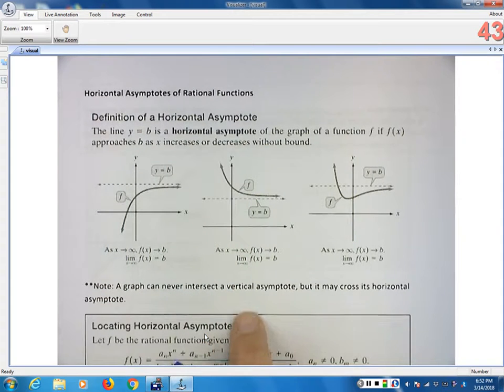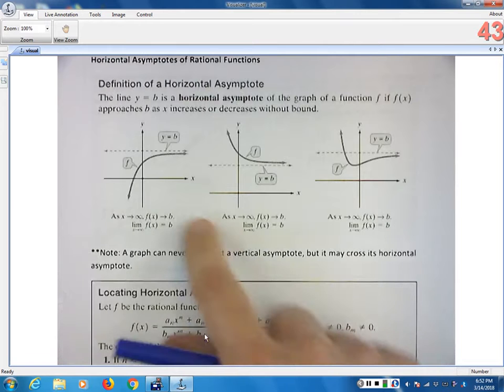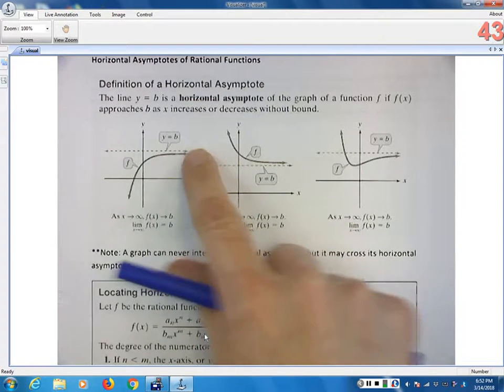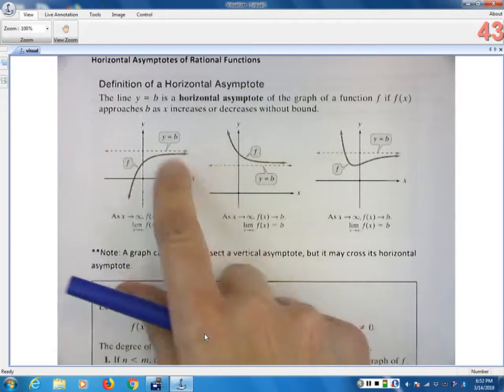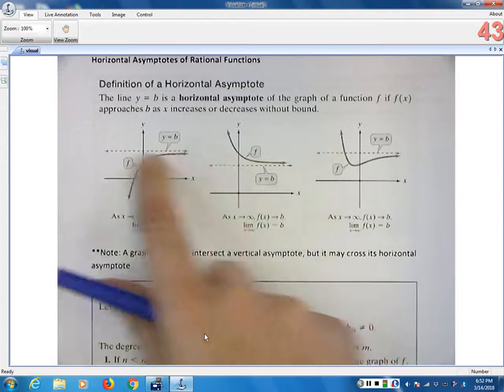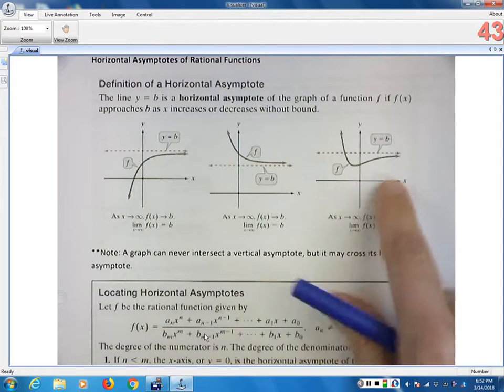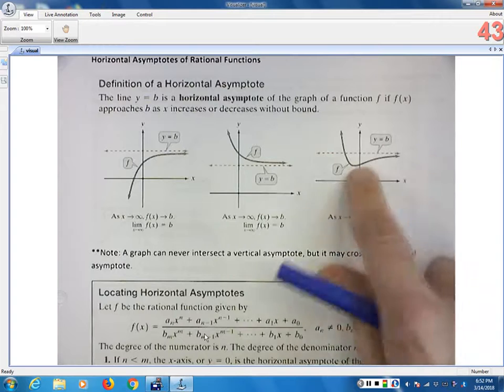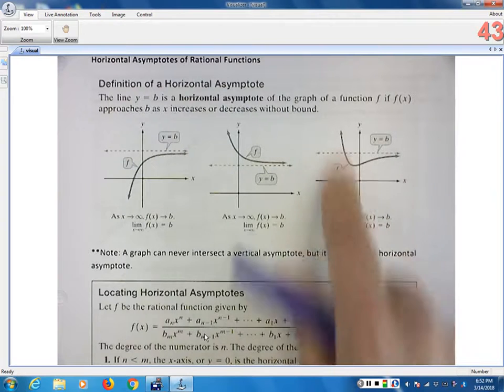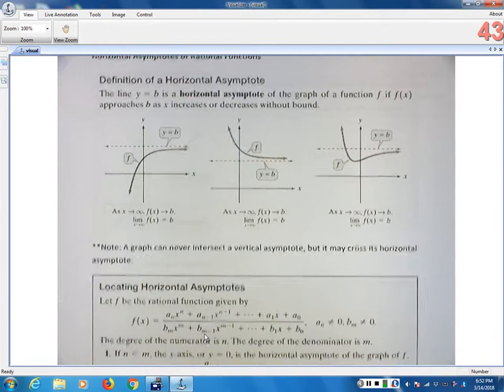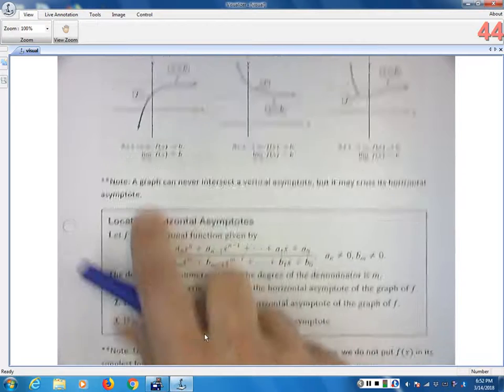So here's the pictures. It can go like this. It's approaching y equals b, and it's approaching it this way, and it could actually cross it over here. So here's a note.